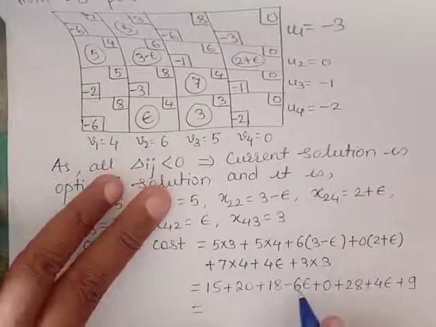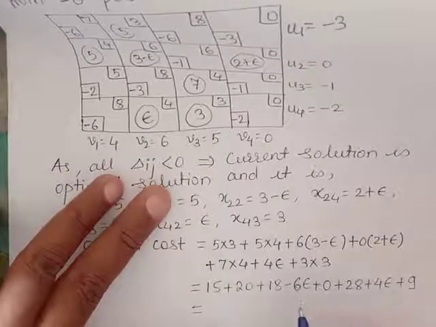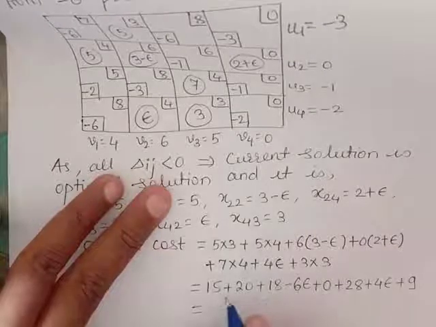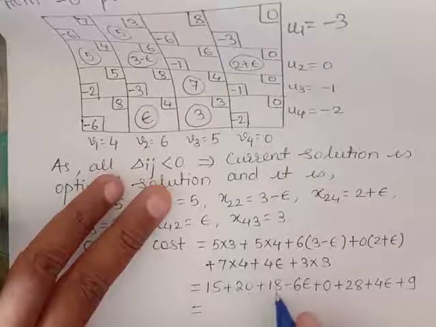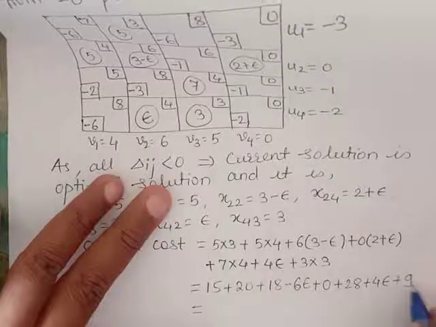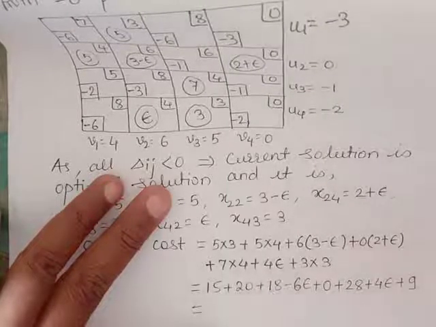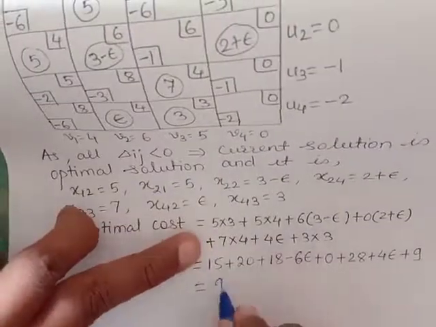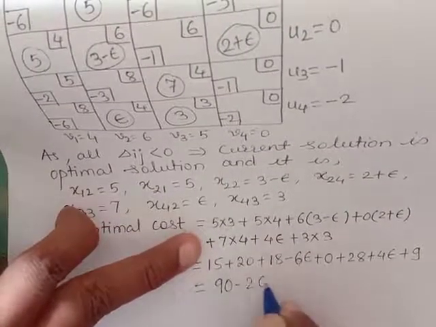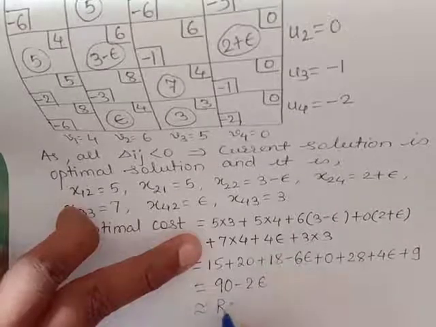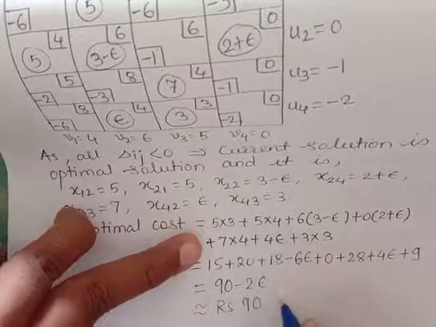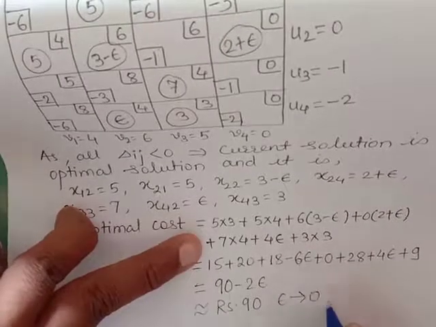So this is how much? This minus 6 epsilon, 4 epsilon, so it will be minus 2 epsilon. This is 35, 35 and this is 27. So it is 90 minus 2 epsilon, so it is near about rupees 90, as epsilon tends to 0.